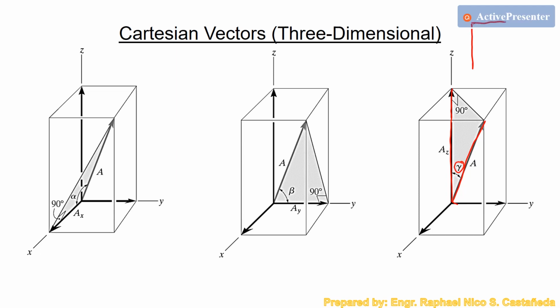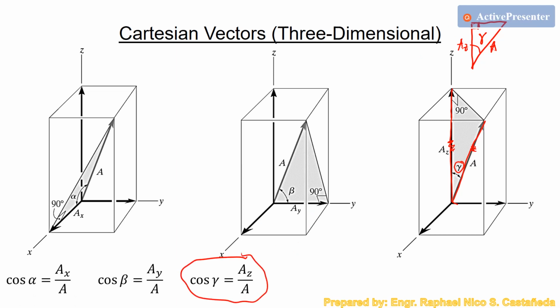So it will look like this. This is Az, this is A, and this is gamma, the angle measured from Az to A. This is 90 degrees. Using the formula of trigonometry, cosine of gamma is equal to the adjacent Az divided by A.